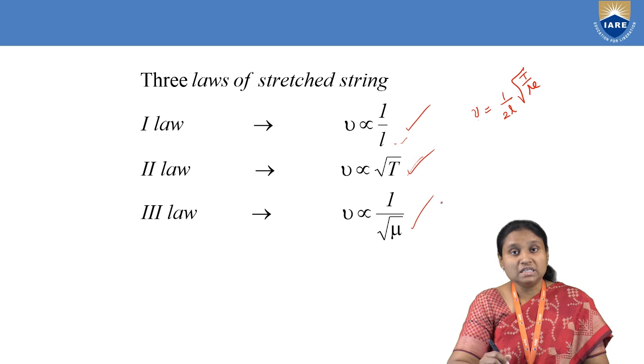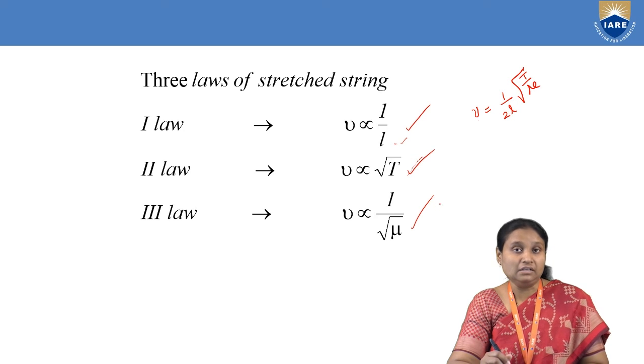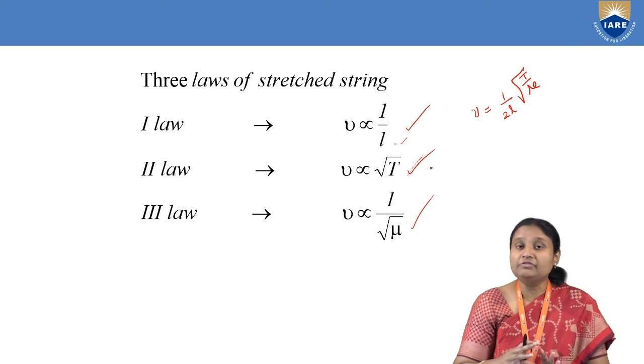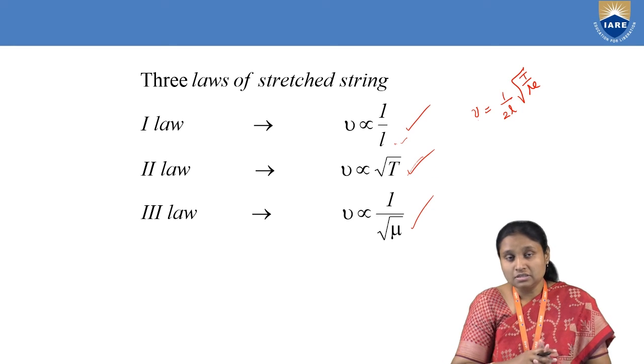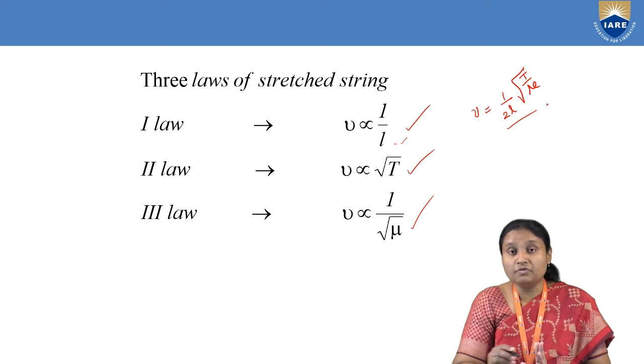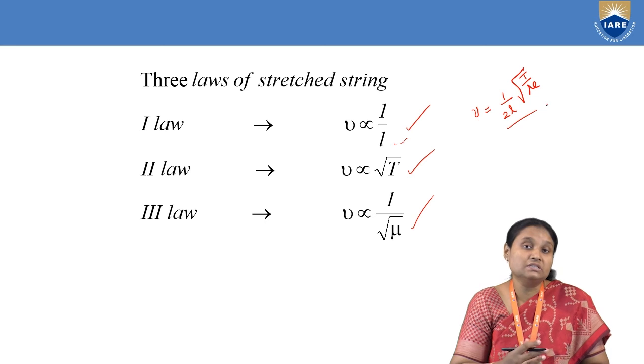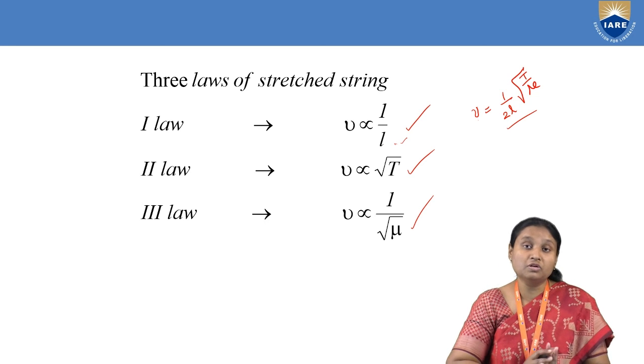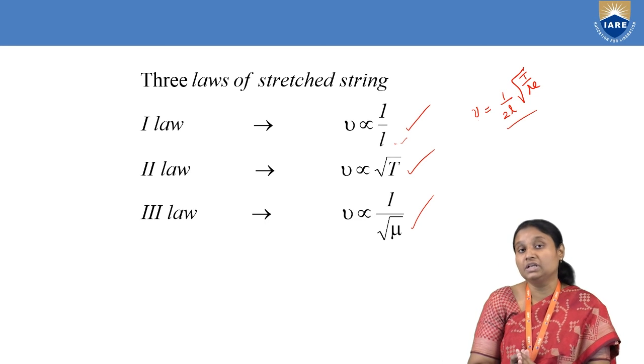I keep changing the frequency of the string until the tuning fork and thread are in resonance. We can easily make that out when well-defined loops form in the string. At that stage, it is easy to find the frequency of the string using this formula, and that frequency is nothing but the frequency of the tuning fork, because both vibrate with the same frequency.